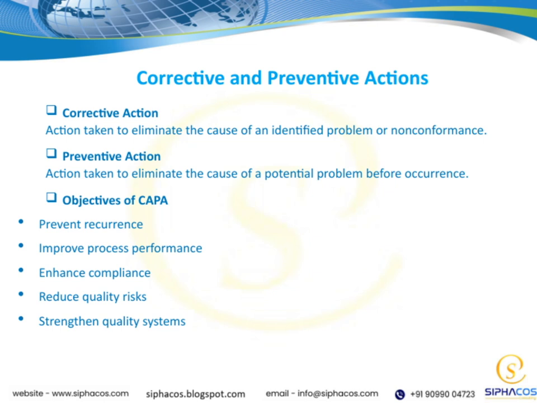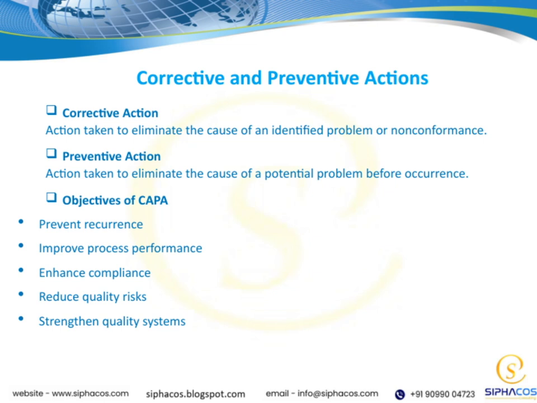Now, the main objectives of CAPA, corrective and preventive actions, are really about continuous improvement. We want to prevent recurrence of issues, of course, but also improve our process performance to make everything run more smoothly. Enhancing compliance is key as well, ensuring we meet all regulatory requirements.